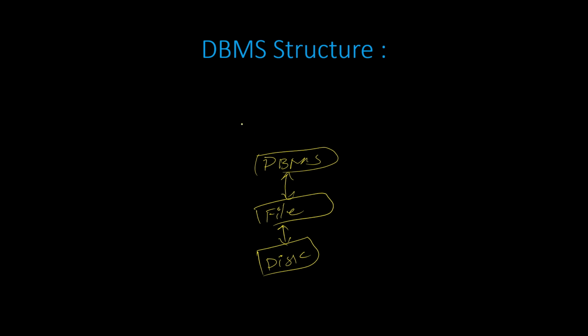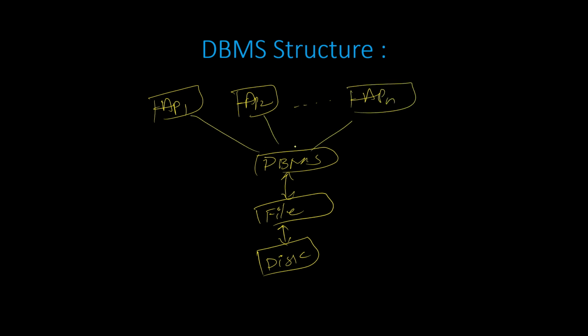And the database management system is connected to multiple applications, considered as application 1, application 2, and so on, application N. These applications can be used by any number of users. So user 1 can use application 1, user 2 can use application 2, and user n can use application n. User 1 can use application 1 and also can use application 2 and application 3 too. So this is the basic structure of database management system.